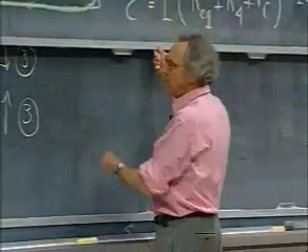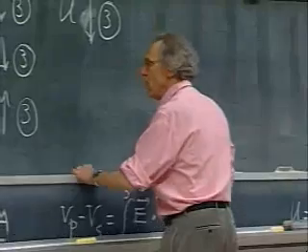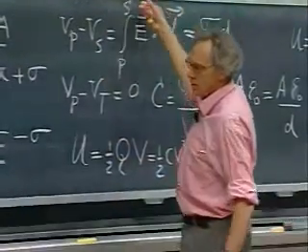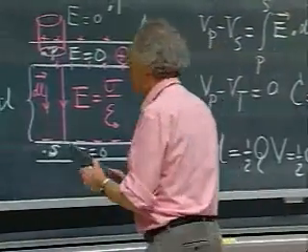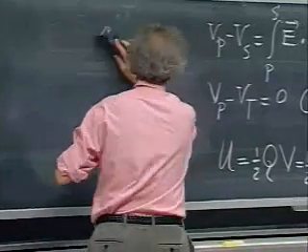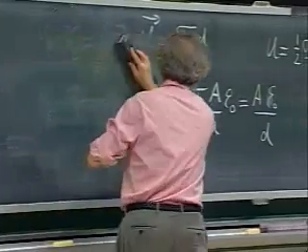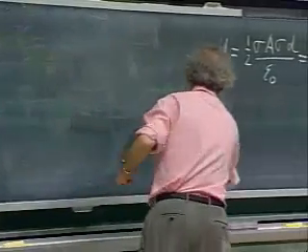I have decided, very arbitrarily, that if I go down in potential, then I will give that a negative sign. And if I go up in potential, I will give that a plus sign. You can reverse that. That makes no difference because the sum of them is going to be 0 anyhow.